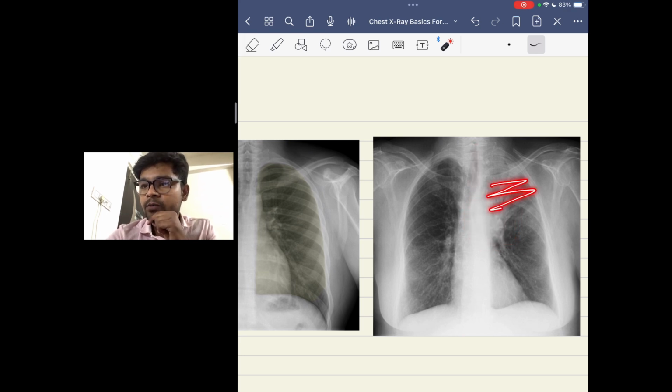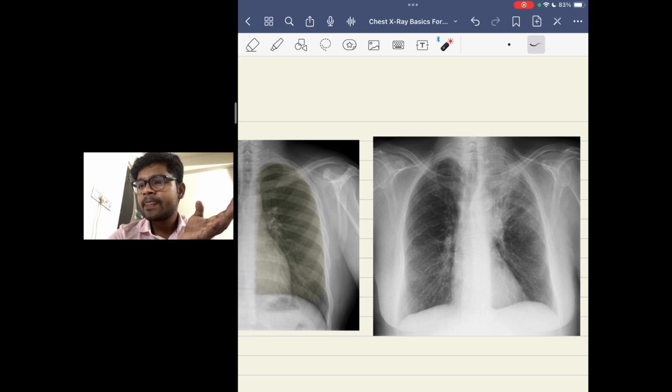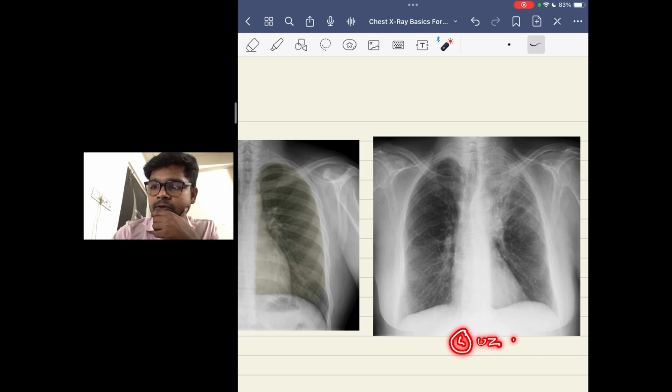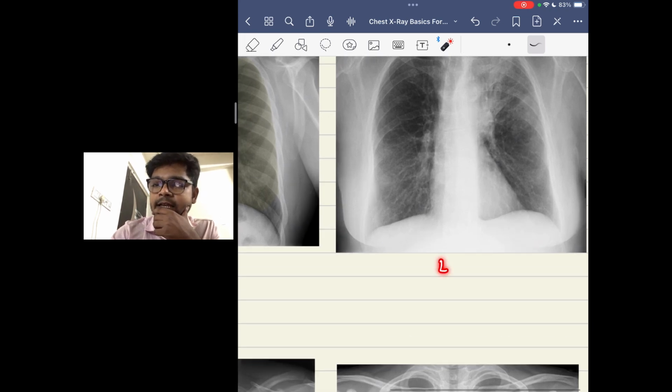The volume of this lung is comparable to this lung. The diaphragms are in the same position, right? And there are air bronchogram signs seen inside this relatively homogeneous opacity. So this is a left upper zone consolidation. And precisely, if we want to say which lobe, it is left upper lobe consolidation.